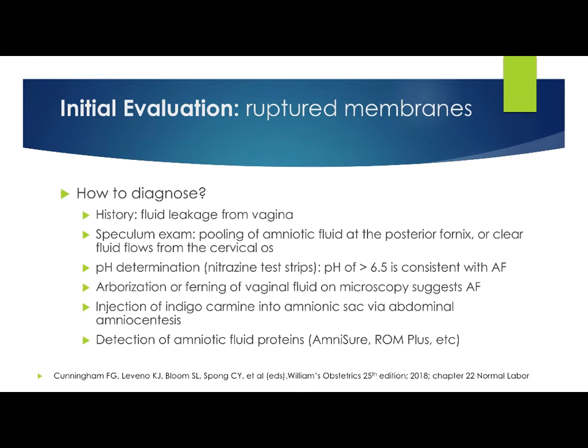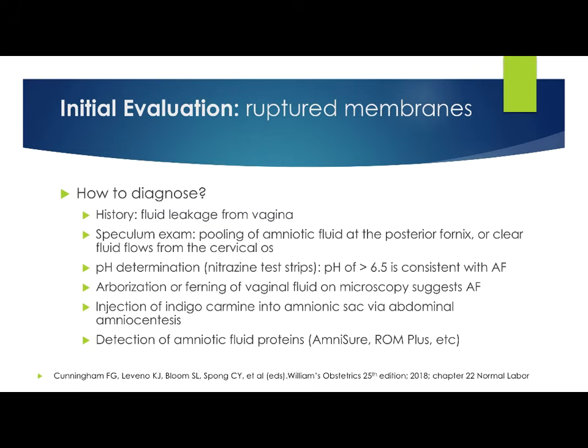So how do we diagnose ruptured membranes? First, of course, we have to ask the patient, or maybe the patient reports fluid leakage from the vagina. Then we confirm this by doing a speculum exam and looking for pooling of the amniotic fluid at the posterior fornix, or if we see clear fluid that flows from the cervical os.